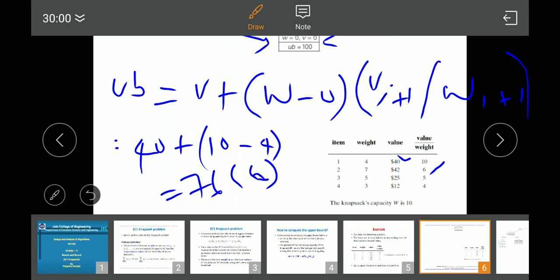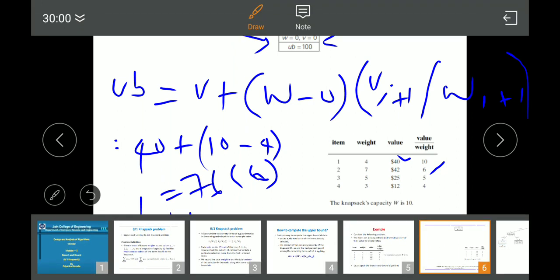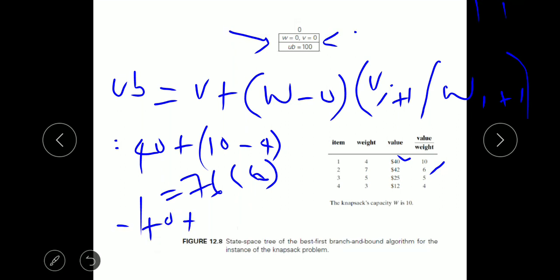Similarly, if you calculate the upper bound for not including item 1 into the knapsack, since you are not including the first item, its value is 0 plus the capacity of the knapsack, which is 10, minus the weight, which also becomes 0, into the payoff of the next element, which is 6.